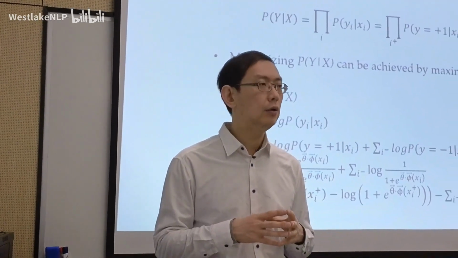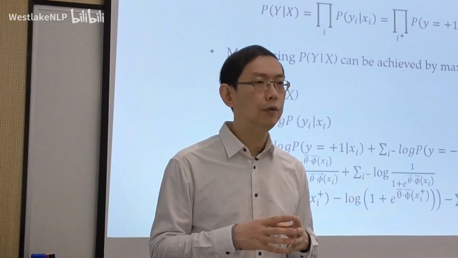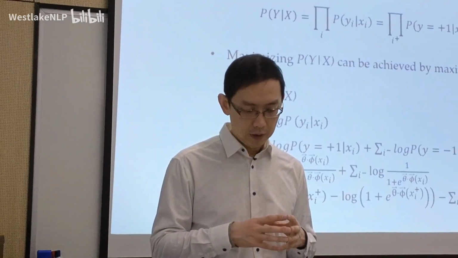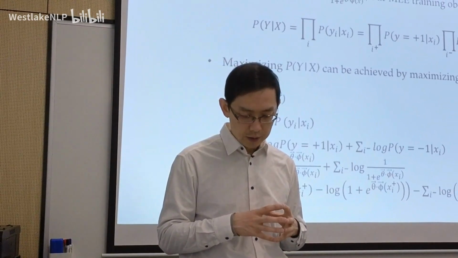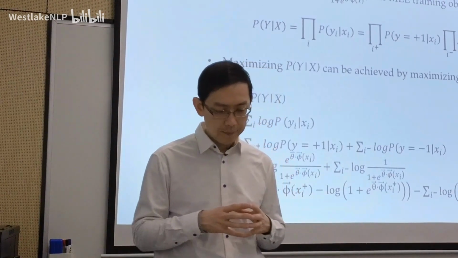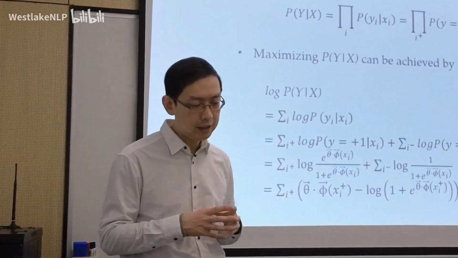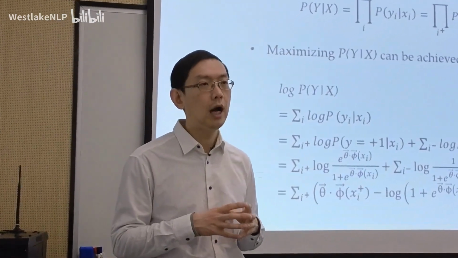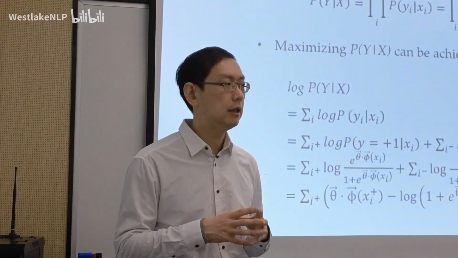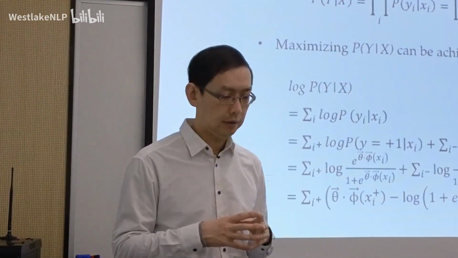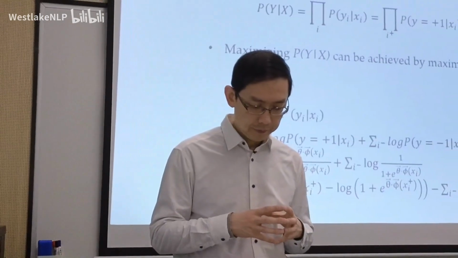The whole data likelihood is the product of both types of classes. So for the convenience of notation, let's denote the positive class instances as x_i plus, and the negative class instances as x_i minus.